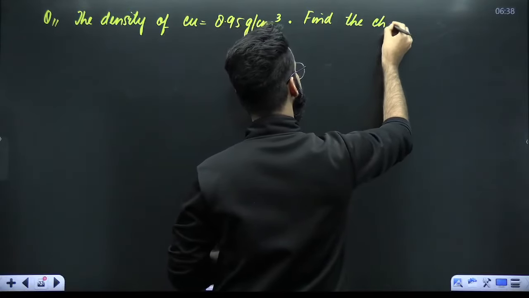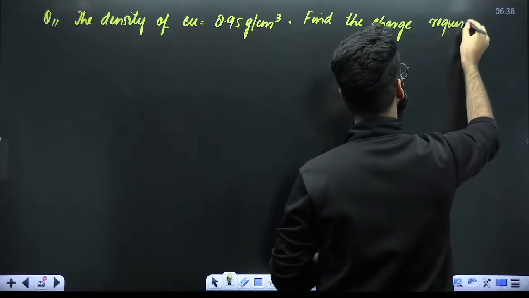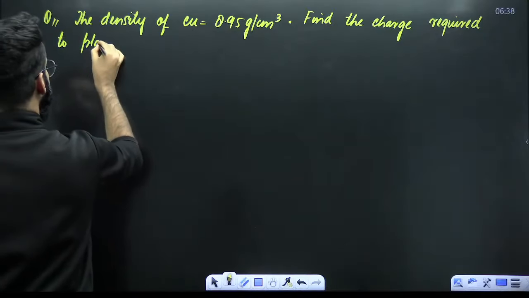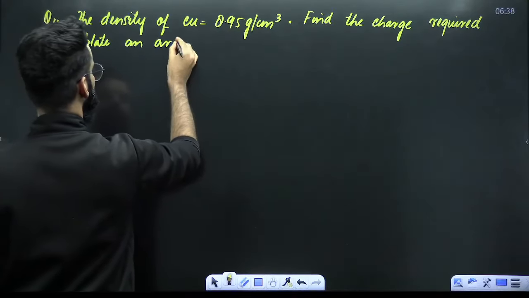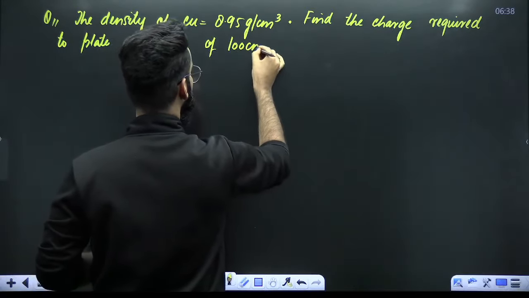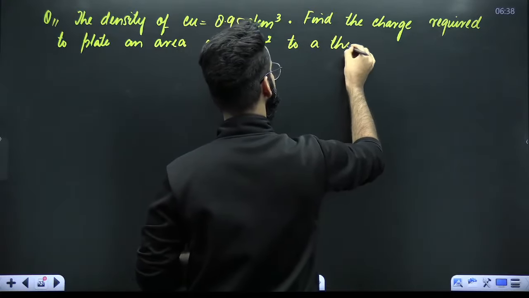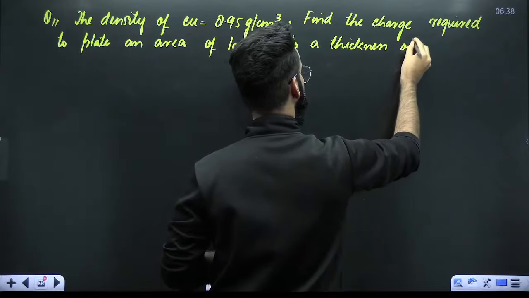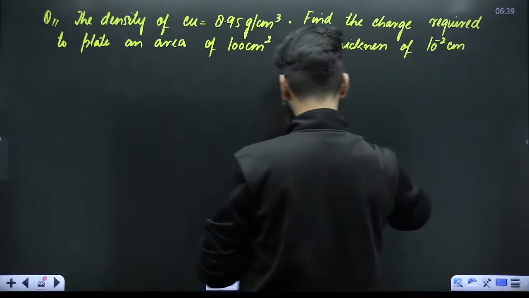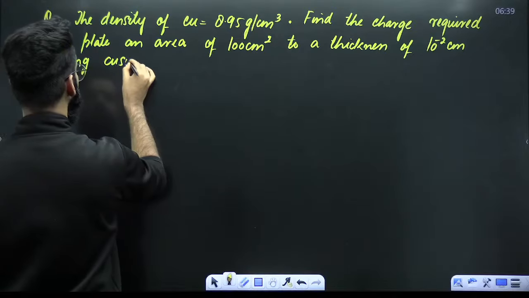Find the charge required to plate an area of 100 centimeter square to a thickness of 10 raised power minus 2 centimeters using CuSO4 solution.